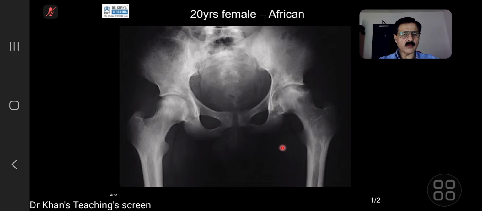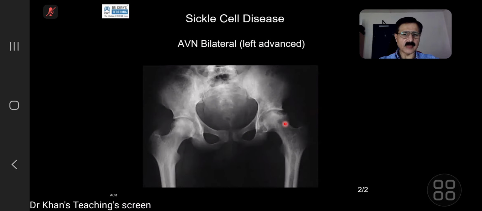Thank you. Okay, well done. These kinds of films do come in the exam. They can come in the rapid reporting also. This patient has bilateral avascular necrosis, more advanced on the left side with sclerosis and some collapse.